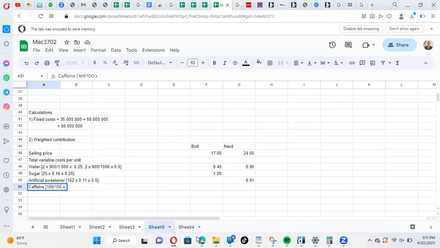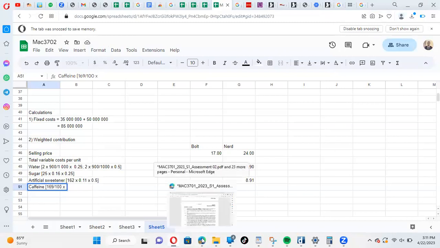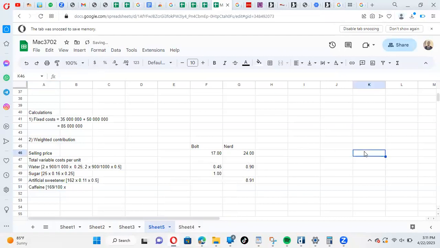So it's 16 rands 90 per gram, multiplied by the 80 per 250 mil. I don't know if I'm going the long way. I'll see if it's going to match my calculation.